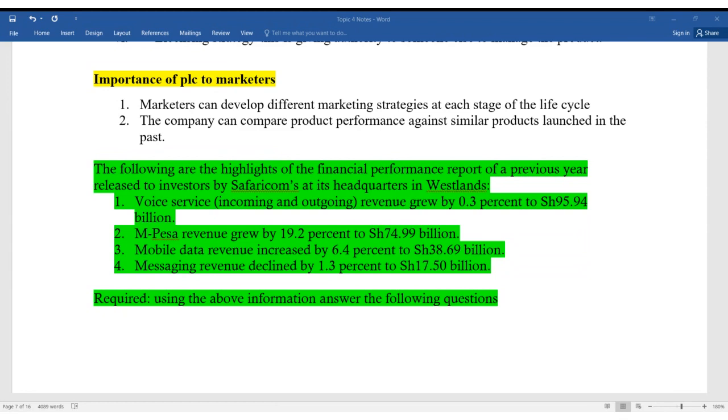Growth. Why growth? Don't get lost. Valentine, where do we place M-Pesa on the PLC curve?